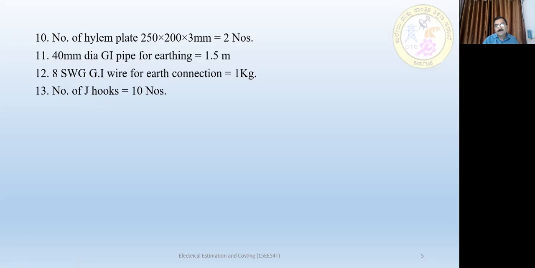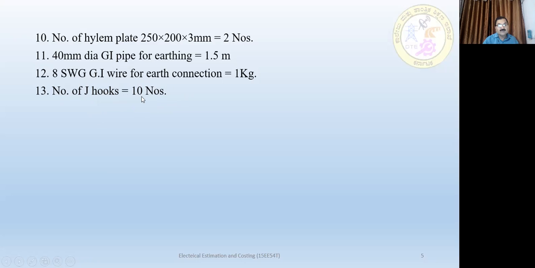So how the concealed conduit wiring system is, the grooves are made on the wall, then the pipes are fixed in the grooves, and then it will be fixed with the help of J hooks. So length of pipe is about 14 meter, so 10 numbers J hooks may be required.